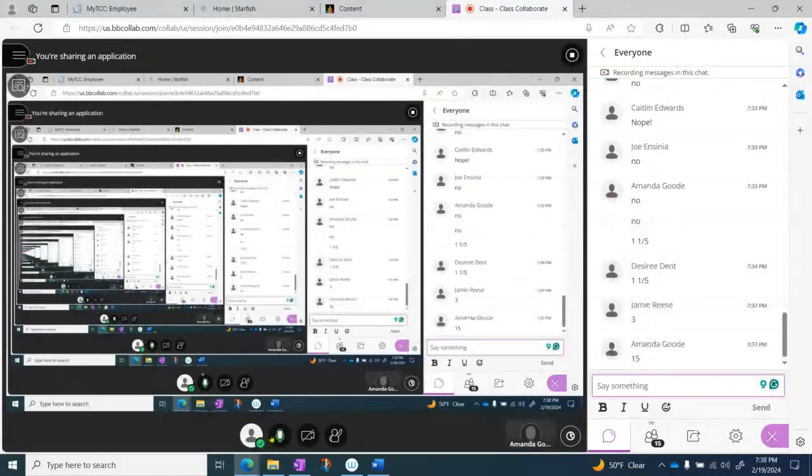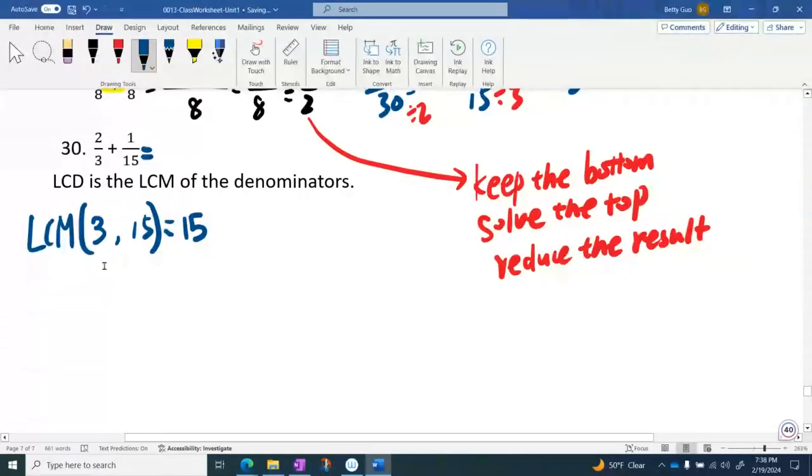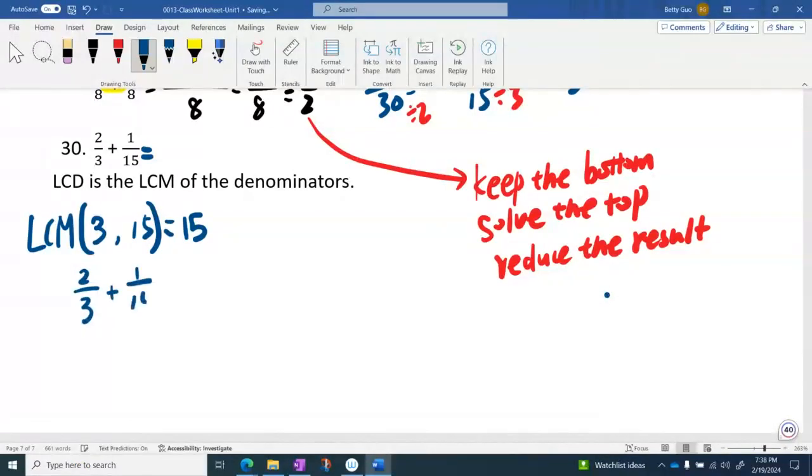Is 15, guys. Do you remember the first special case? We have 2 numbers. The smaller number happens to be a factor of the bigger number. Yeah. So the GCF is the smaller number. LCM is the bigger number, right? It's 15. Very good. It's 15. Then we found LCD 15.